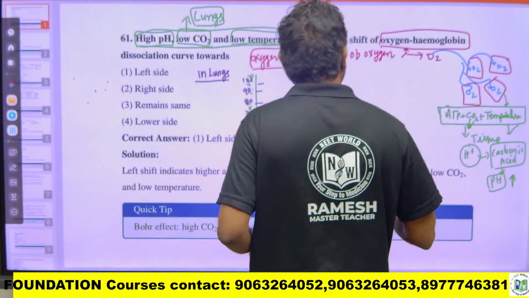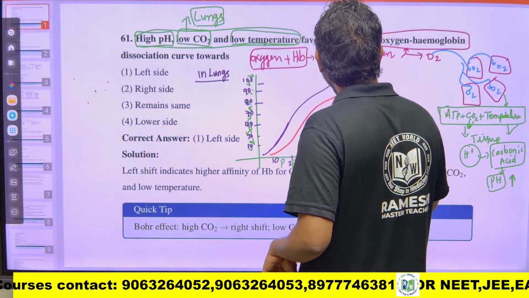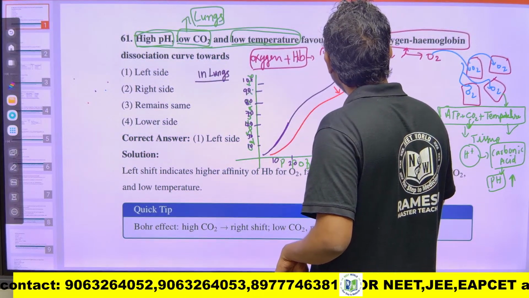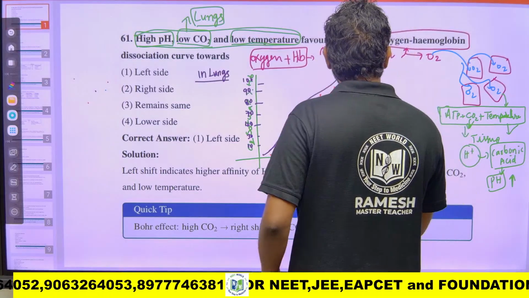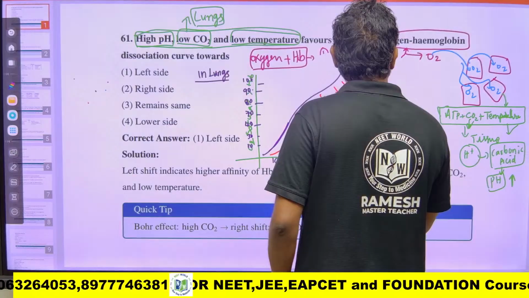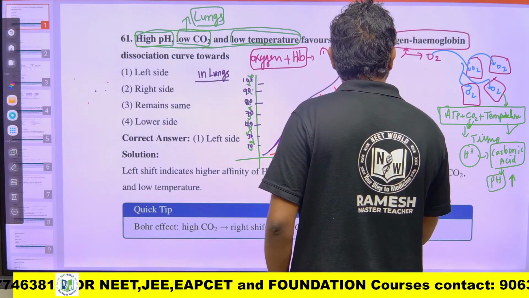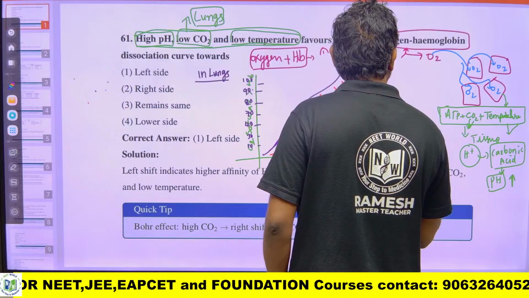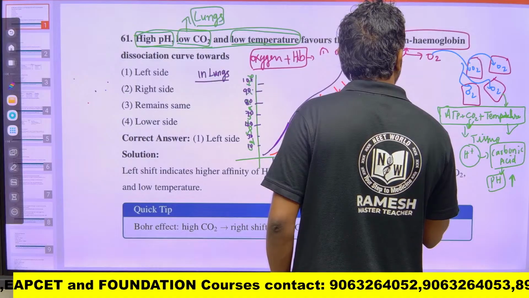If CO2 is produced in the tissue, the sigmoid curve shifts rightward. High CO2 means CO2 produced in the tissue, and the temperature is high in the tissue.